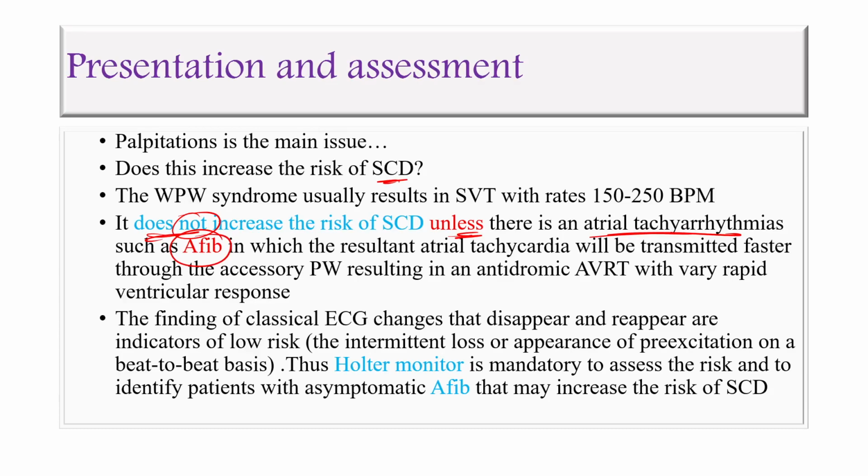So the clinical importance comes when there is atrial fibrillation. This will result in atrial tachycardia, and it will be transmitted faster through the accessory pathway, resulting in antidromic AVRT. So if there is a wide complex tachycardia that is irregular, we should think that this is atrial fibrillation with an accessory pathway, which is antidromic, definitely, because it is a wide complex.